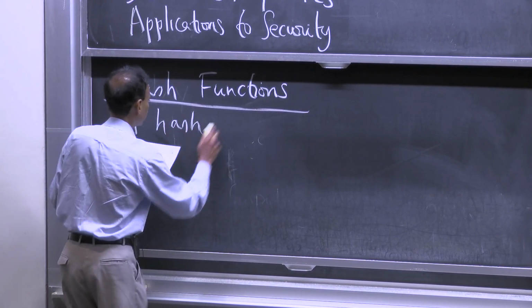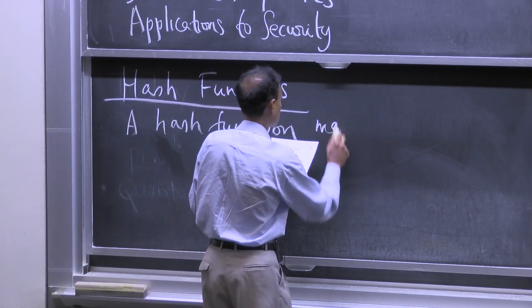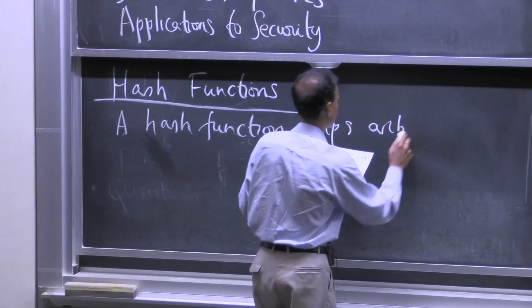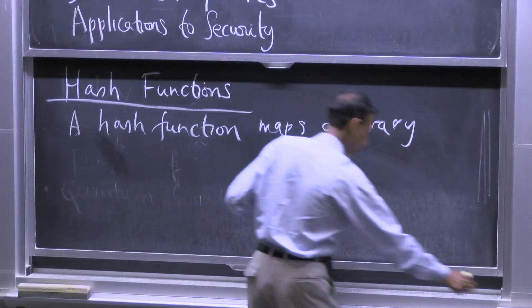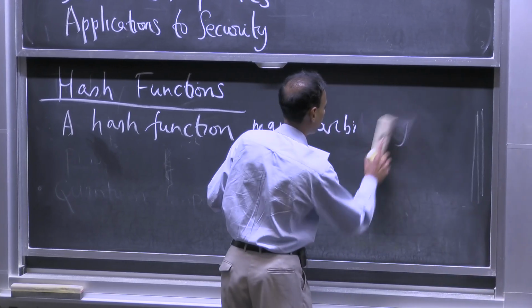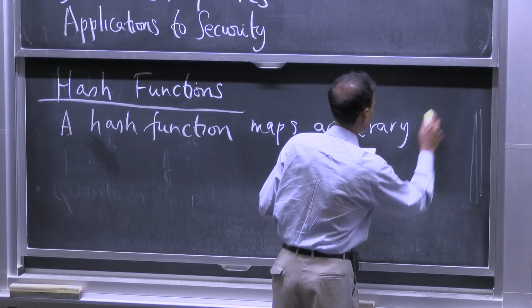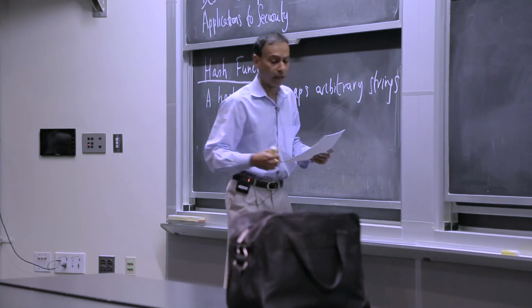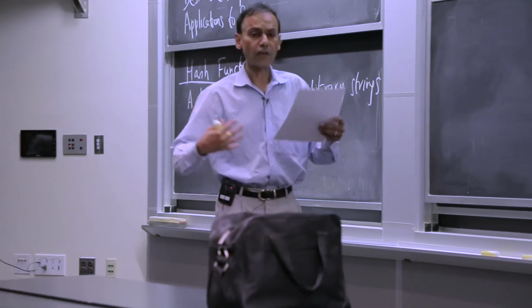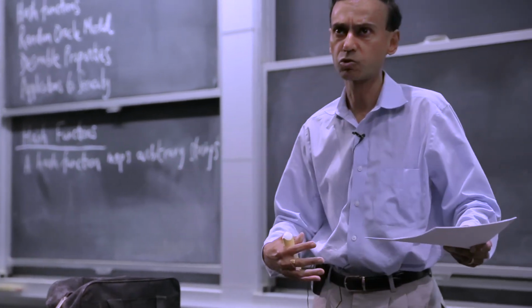So a hash function maps arbitrary strings. So you're not making a statement about the length of the string. You will break it up, even if you had a string of length 512, or maybe it was 27.